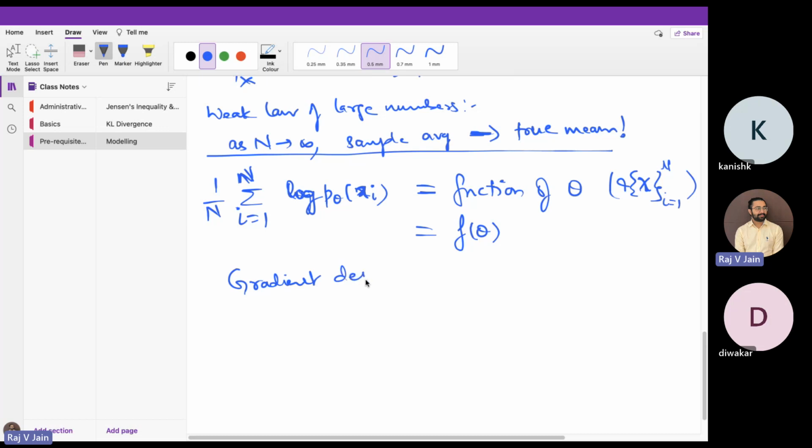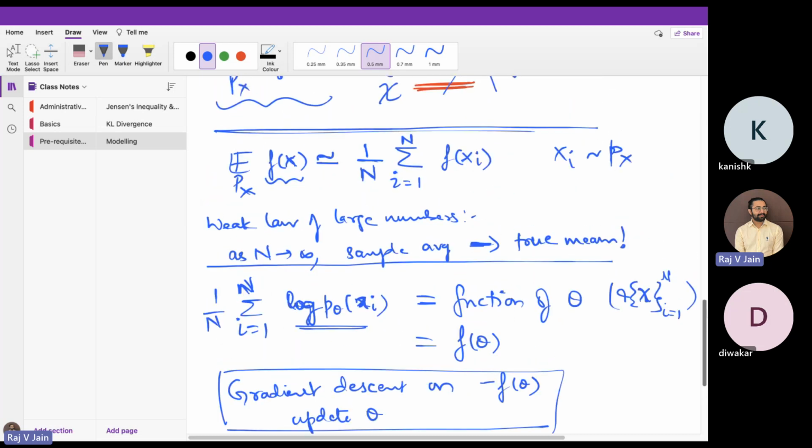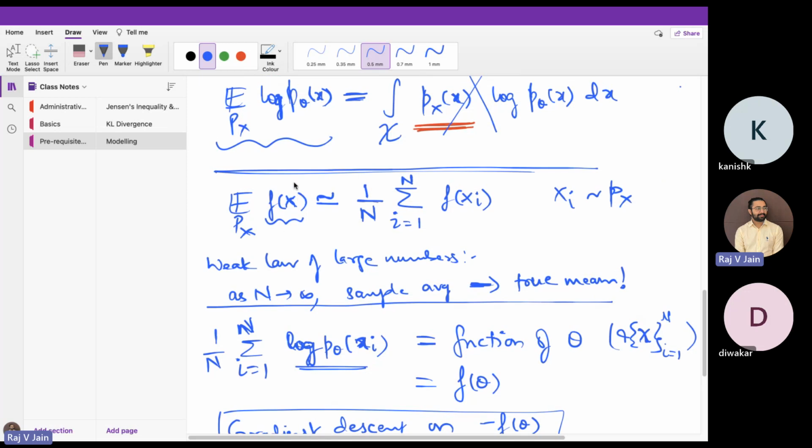Or, one second, let me put it as gradient descent on minus f theta, and then update theta using this procedure. So we are in a way maximizing f of theta. F of theta is basically the sample average of the model log likelihood.